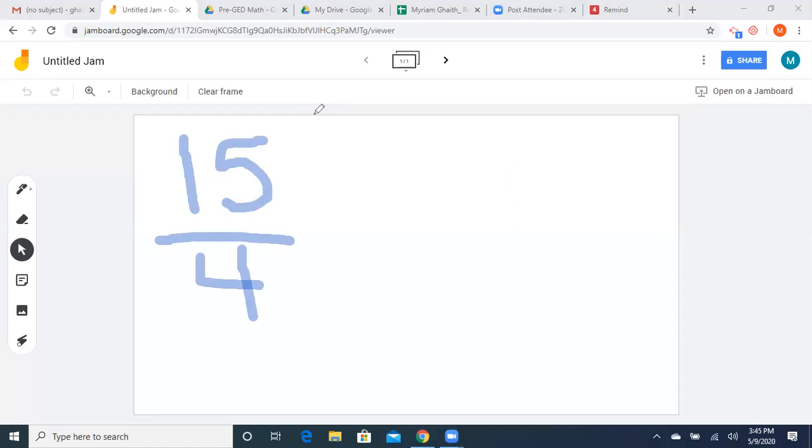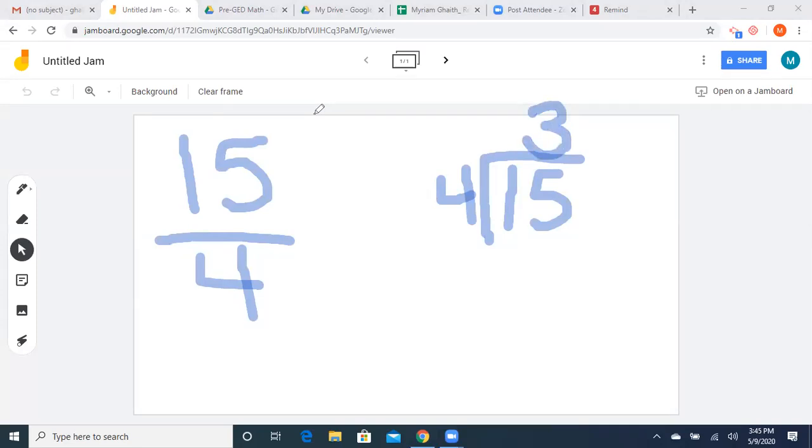Now I'm going to do some division, right? 15 divided by 4, just like the fraction tells us. 4 can go into 15 how many times without going over? 3. And 3 times 4 is 12. So we're going to subtract those. What's 15 minus 12? 3.